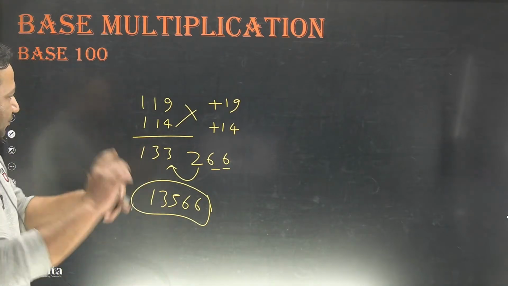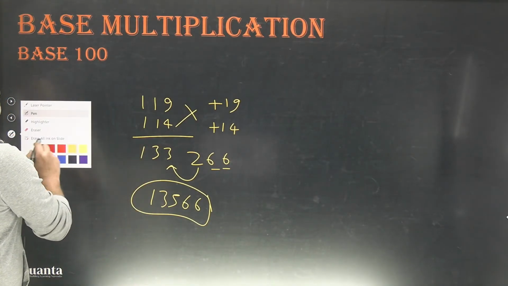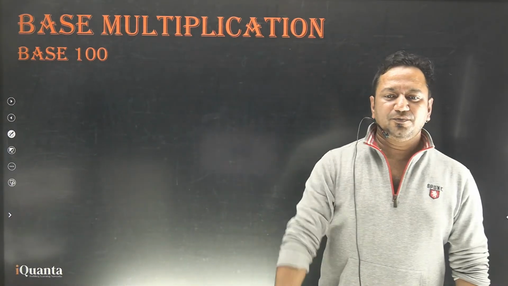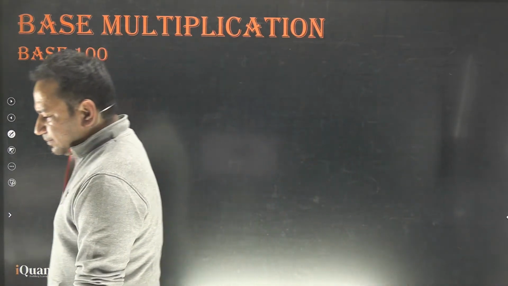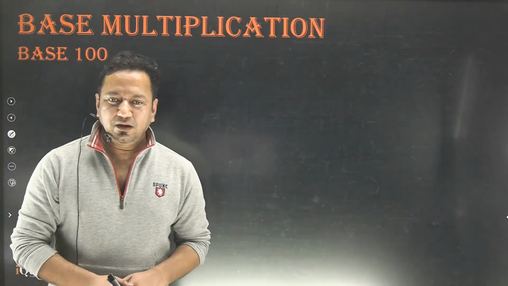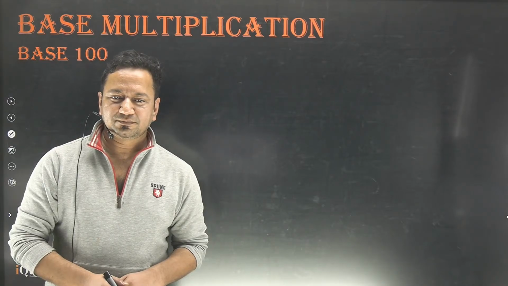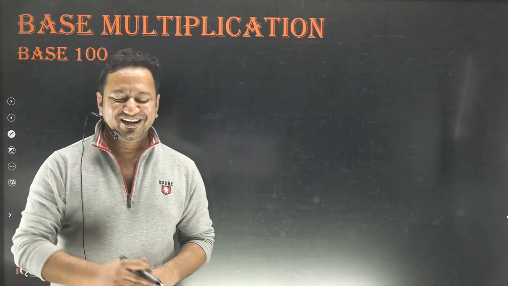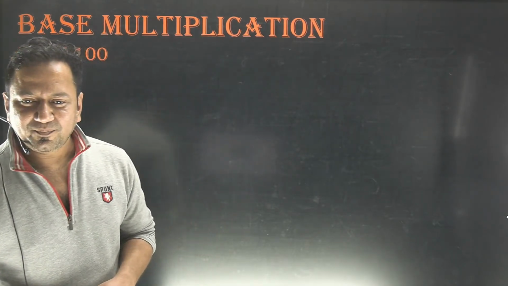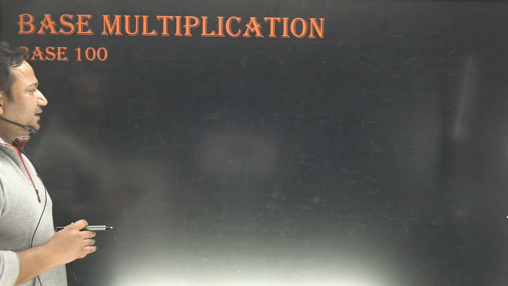Right, now you have taken a breath, you have mentally revised everything. Now, I'll tell you one thing: people ask me how I multiply 19 and 14 so quickly. I'll tell you. Rajdeep, I think you read my mind because I was thinking about the same thing. So let us do it this way.